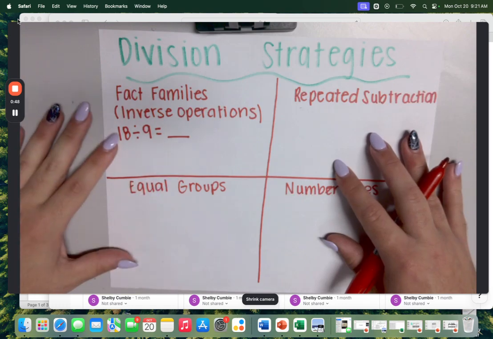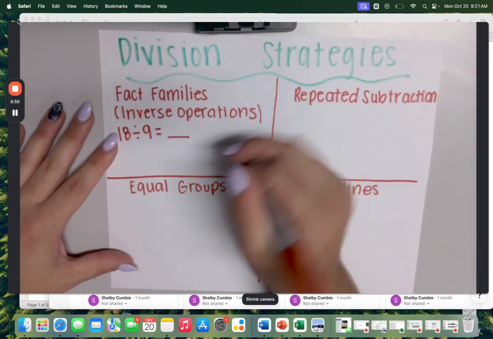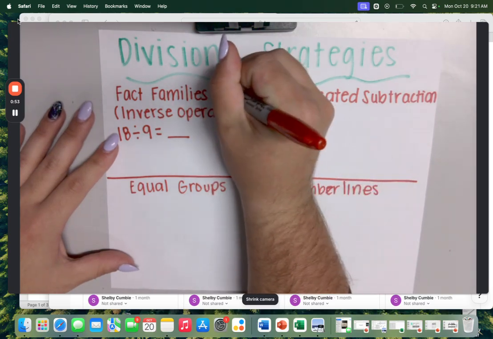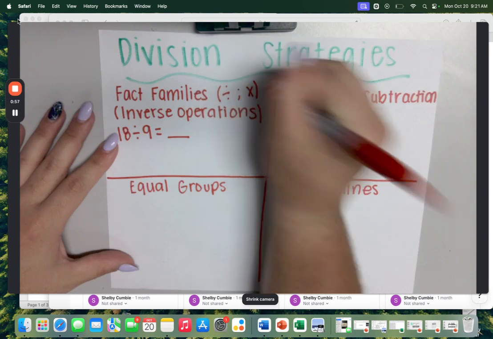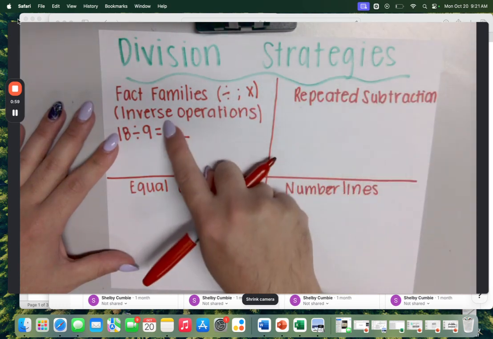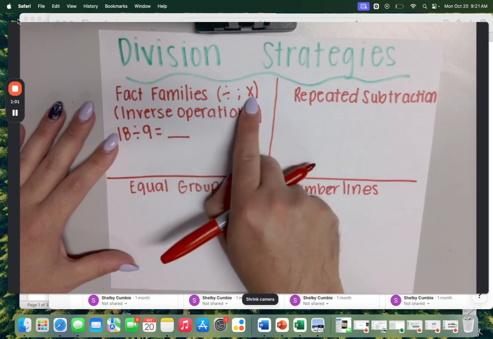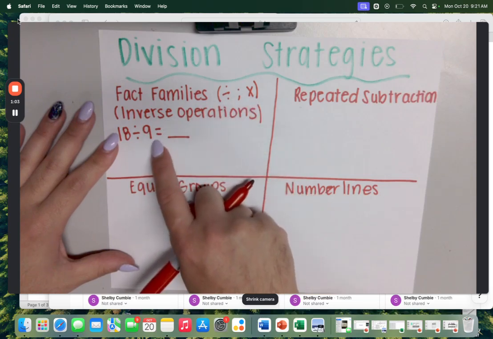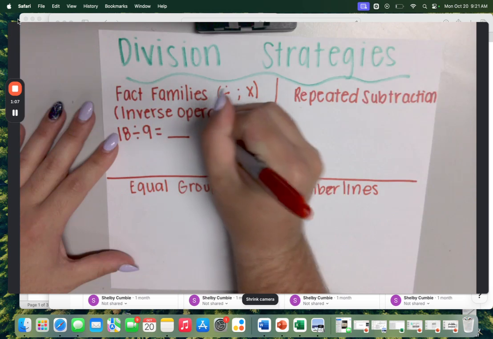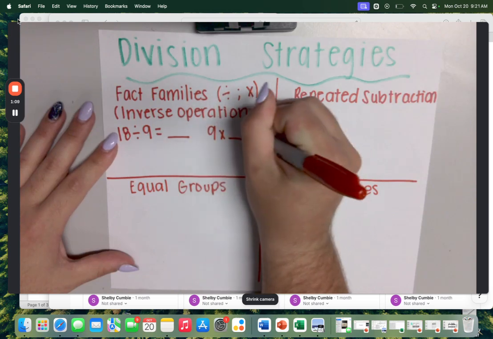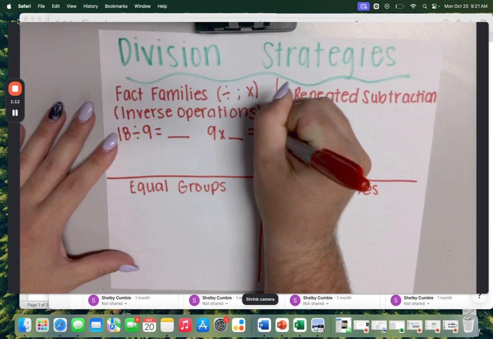In a fact family of division, you have division and multiplication. So the opposite or the inverse of division is multiplication. I'm going to use the smaller number as my first factor, and I'm going to ask myself 9 times what is 18?